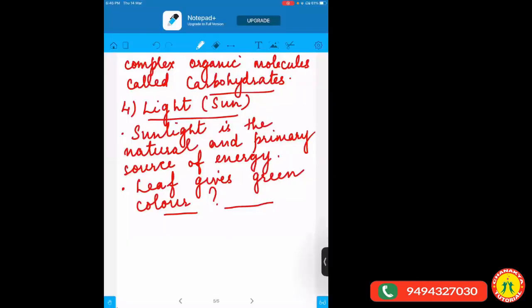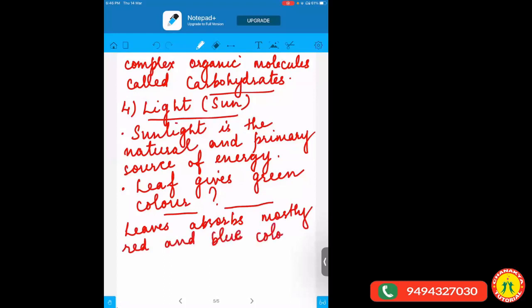So the last one: why do the leaves give green color? Because of the reflection. Leaves absorb mostly red and blue color. If they ask you which color they absorb, you should write red and blue color.